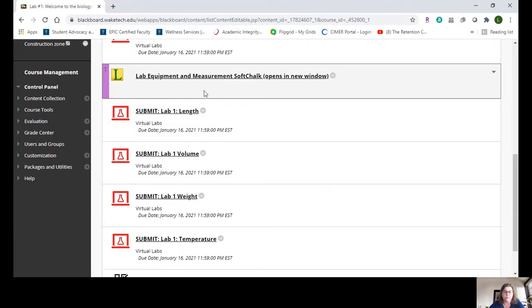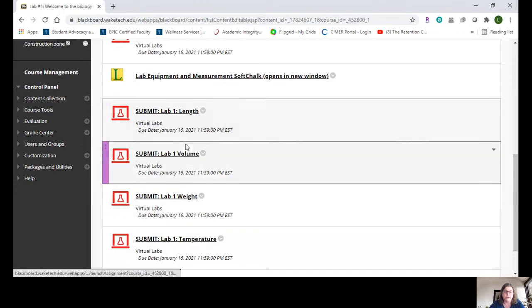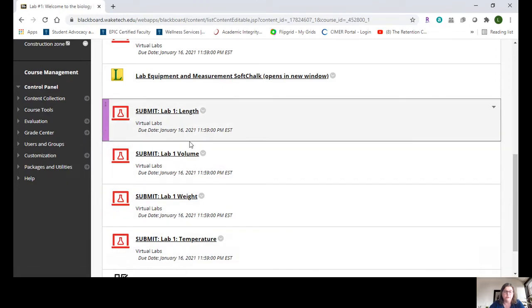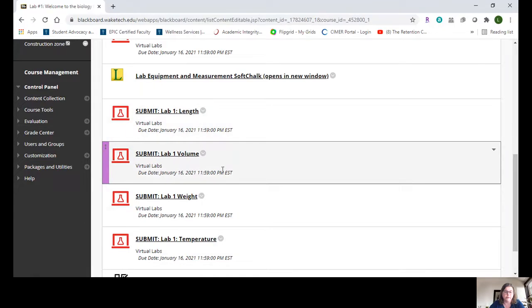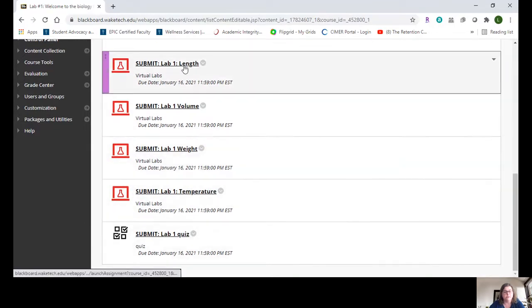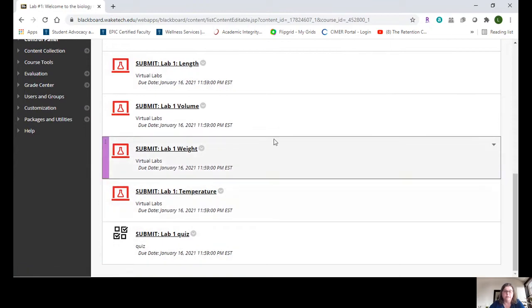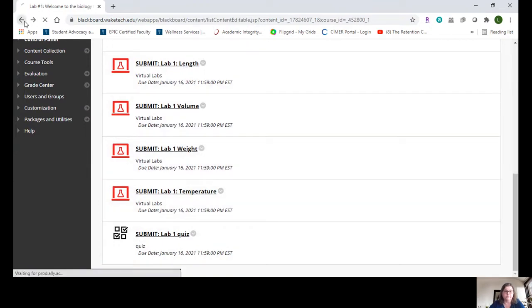As we come down, we start talking about lab equipment and measurement, and all of their lab assignments are then posted. And so each of these activities correspond to a specific topic. And at the very end, they have a lab quiz. And so students can kind of see they've got several items to submit in order to complete this activity.